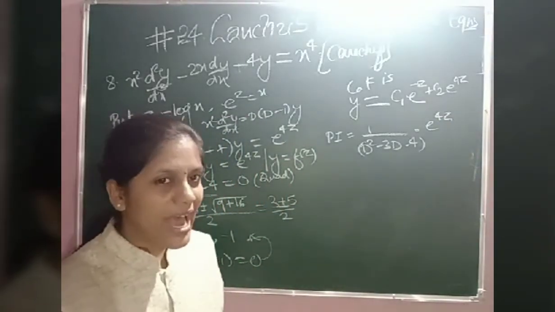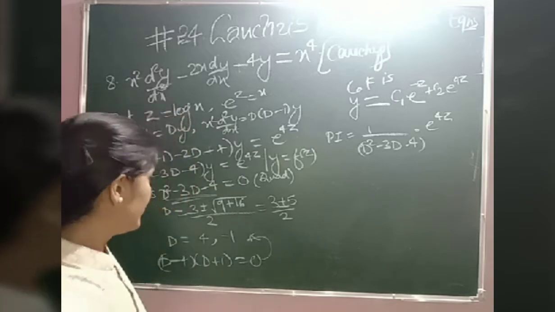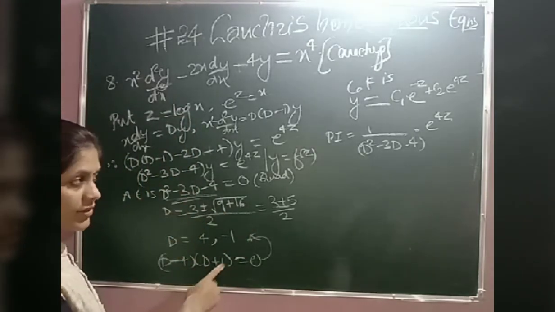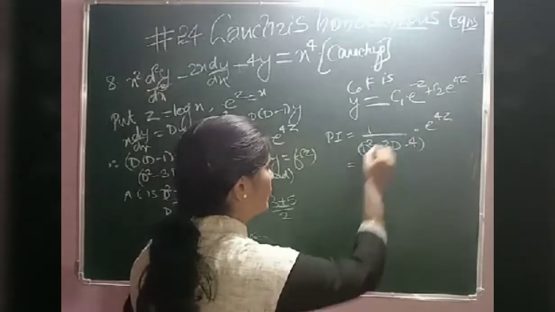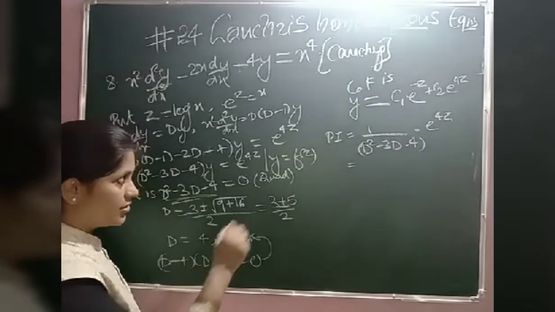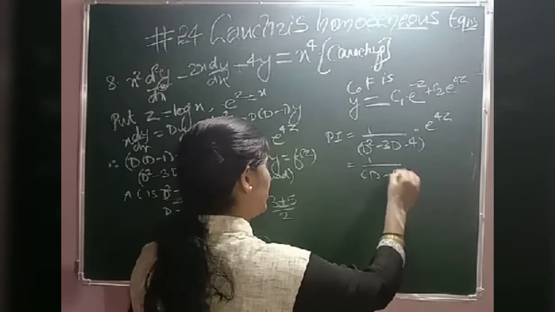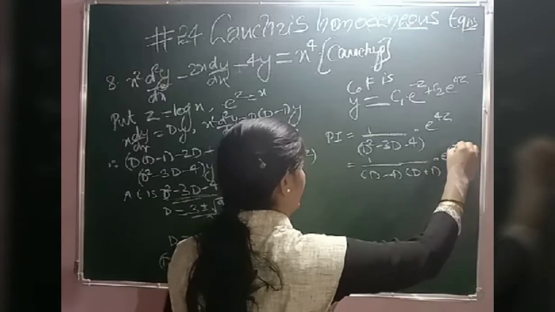So we know what we have to do: directly put D equal to a. If you want, you can also use this one, (D minus 4)(D plus 1), or you can also use this, whichever you find easy. I find this easy, so I can use this: 1 by (D minus 4)(D plus 1) of e raised to 4z.